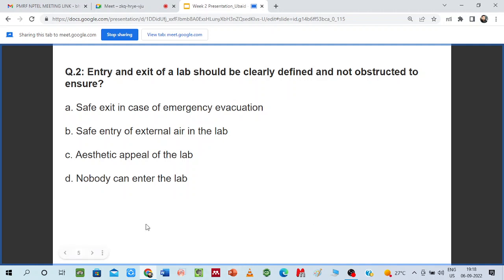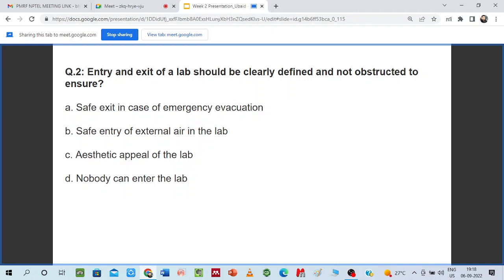And answer B is very much incorrect, because in cell culture it is ensured that the external air does not enter the cell culture lab. The high-pressure air supply is placed outside the door so that external air will not enter the cell culture.